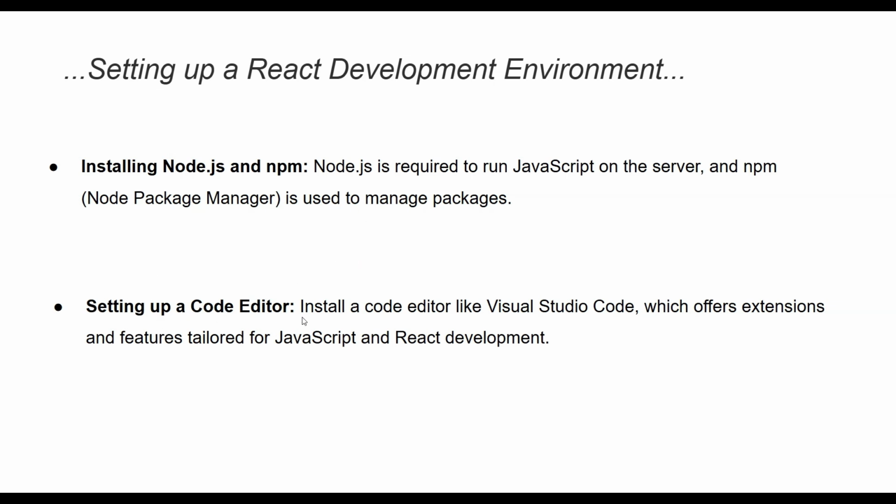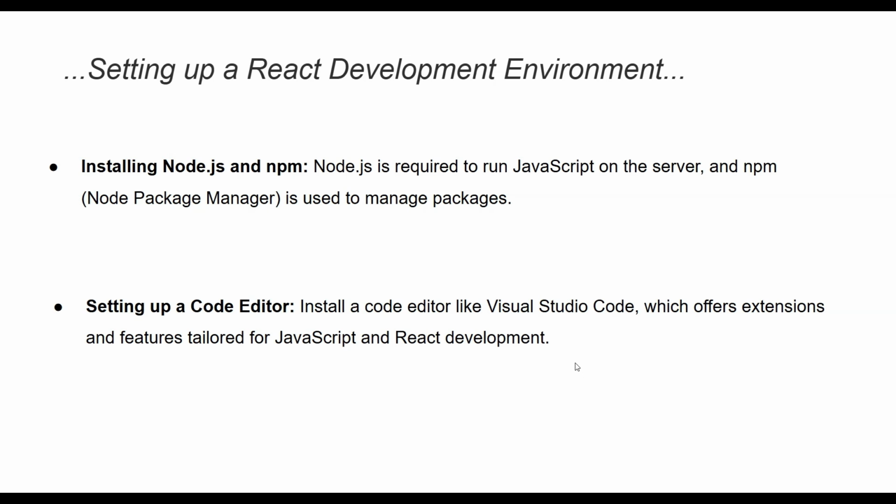After that, we're going to make sure that we have a code editor installed on our machine. Visual Studio Code is one of the most widely used front-end code editors out there, because it supports a plethora of extensions and plugins that can easily be plugged in and removed. So working with VS Code is really flexible.